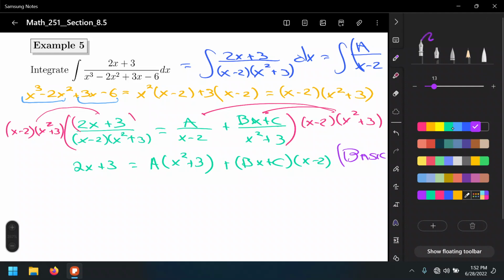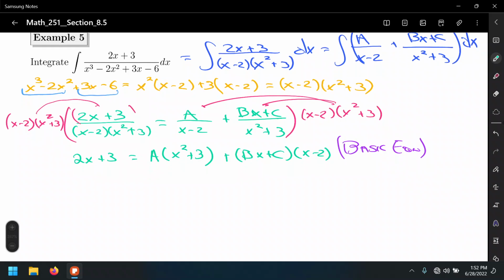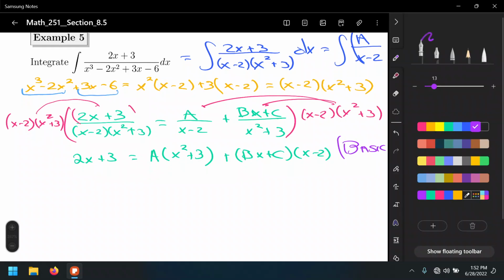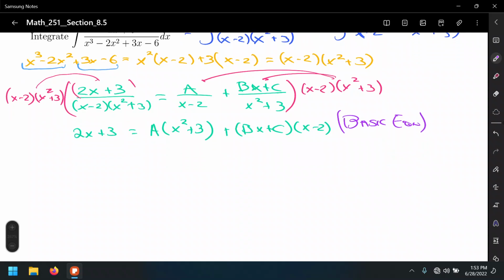Alright, so we are going to use this equation to figure out the values of A, B, and C that will split that integral into simpler fractions. Alright, so let's see if we can have a convenient value to figure out one of those values. Do you see one? And if so, what would that value be? x equals 2, because if we plug it in here, it actually takes care of both B and C, and we would be able to find A. So let's go ahead and do that.